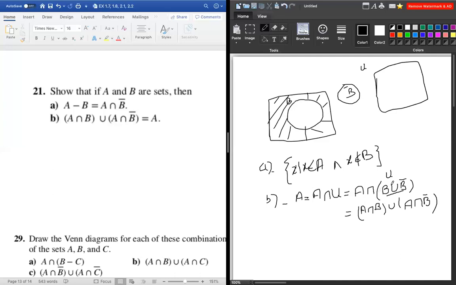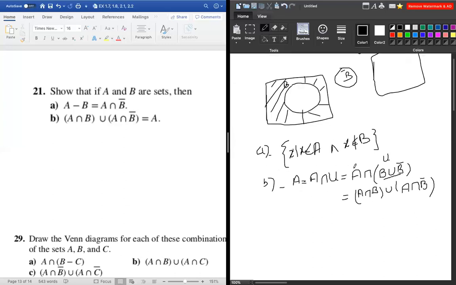Okay, and then this universal set, I just expand this using the De Morgan's law. So we apply the De Morgan's law on top of it, and it becomes A intersection B union A intersection B complement.